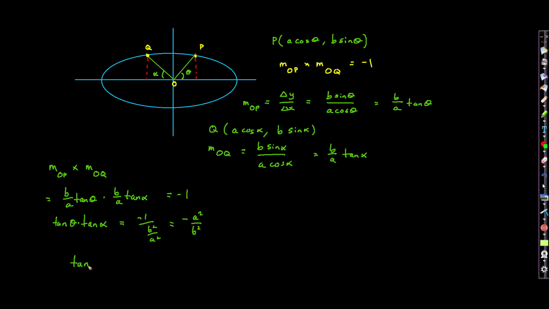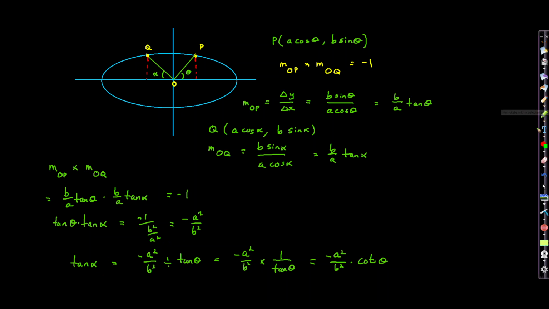So tan alpha would equal this divided by tan theta, which will be -A squared over B squared times 1 over tan theta, which will be -A squared over B squared times cotan theta. Alright, so that's an expression for the tan of alpha.